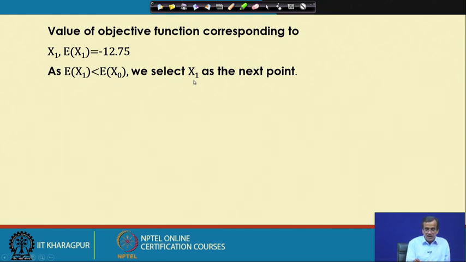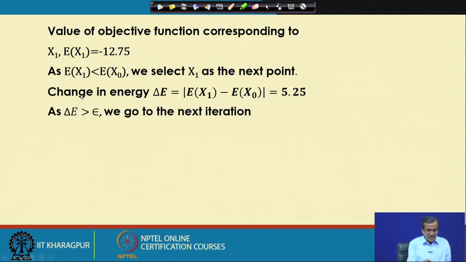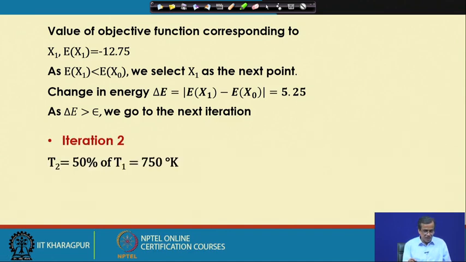So, we select x 1 as the next point, and then we can find out the change in energy delta E, which is the mod value of E x 1 minus E x 0, and here it is coming to be equal to 5.25. As this change in energy is found to be greater than epsilon, that is the termination criteria, we go to the next iteration. Then iteration 2. So, T 2 is 50% of T 1.